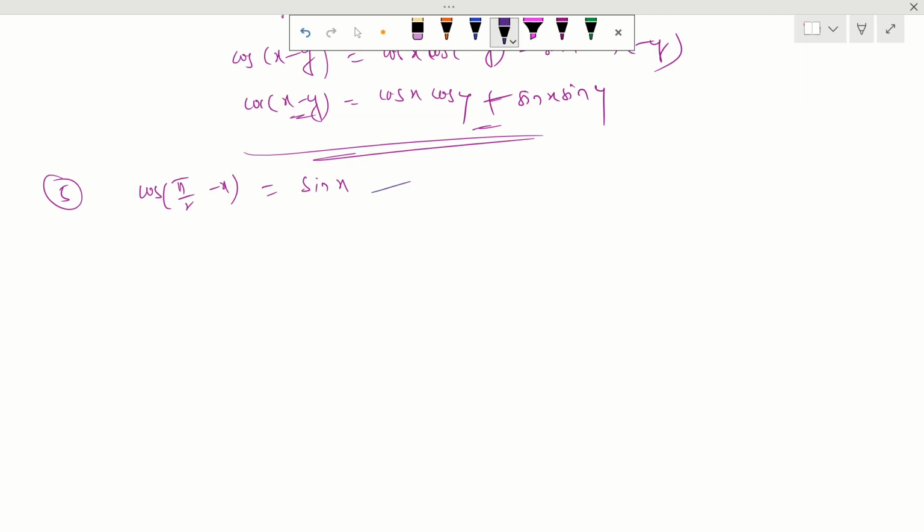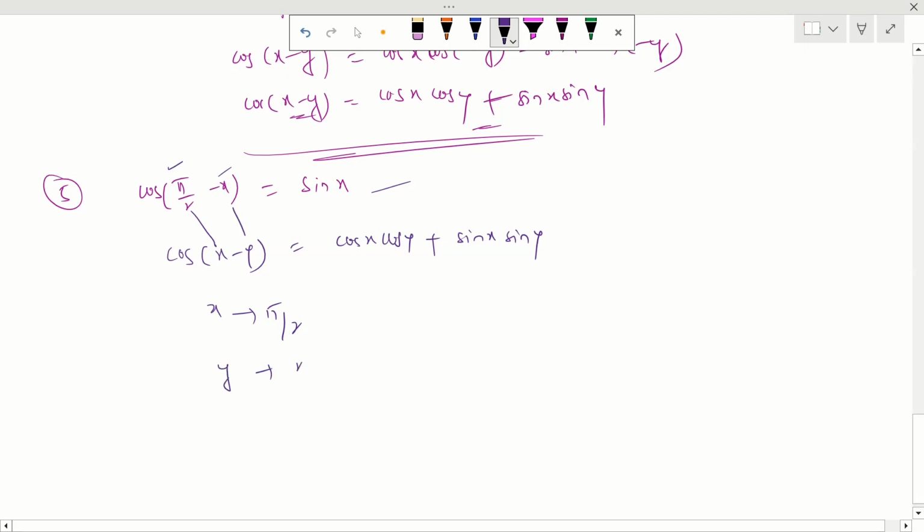This is in the formula of cos of x minus y. This is the x term and the y term, and the formula for cos of x minus y is cos x cos y plus sin x sin y. So here x is pi by 2 and y is x.